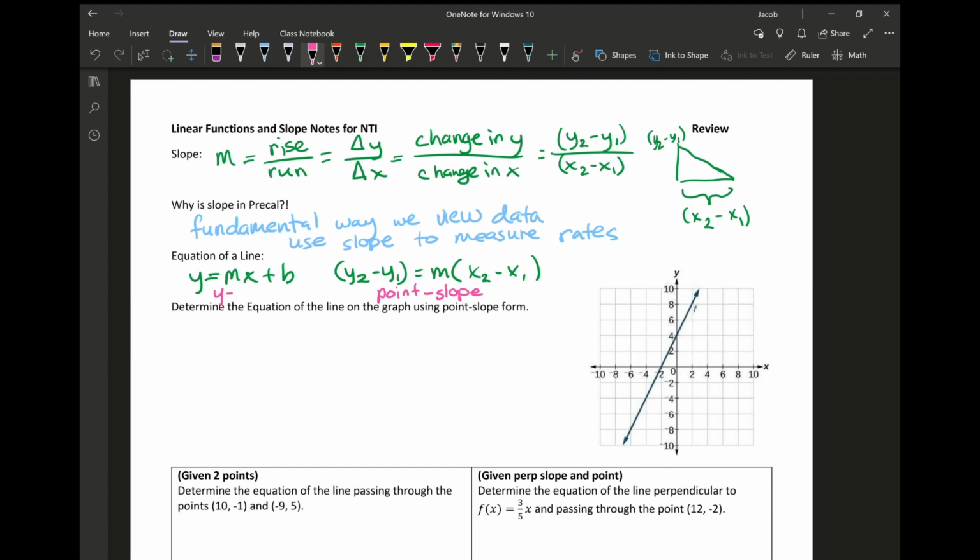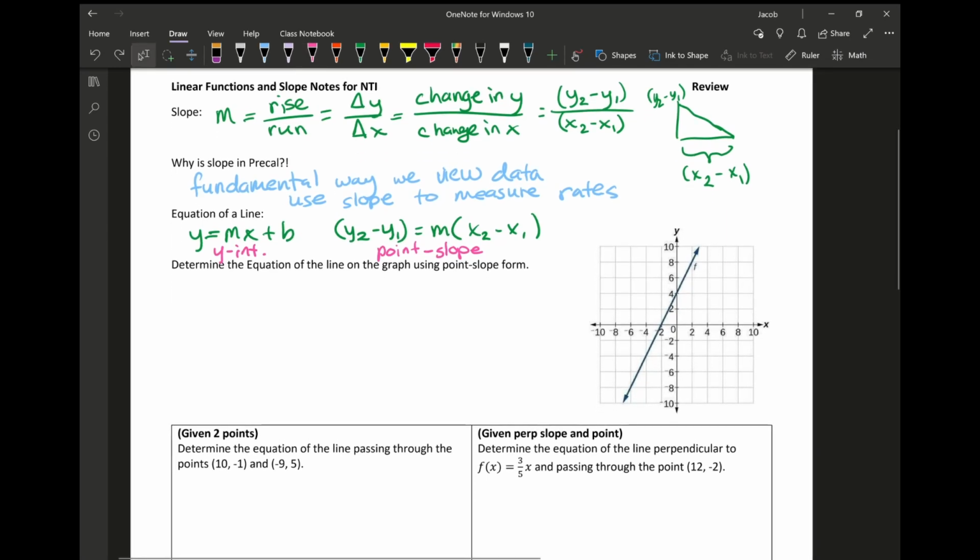This, of course, is y-intercept. The reason why I don't like y-intercept is because it's not as explicit. It uses b as a combination of these x and y constants. So it's a little bit easier to start off with point slope and then work your way towards a more understandable equation and more easily graphed equation as y equals mx plus b.